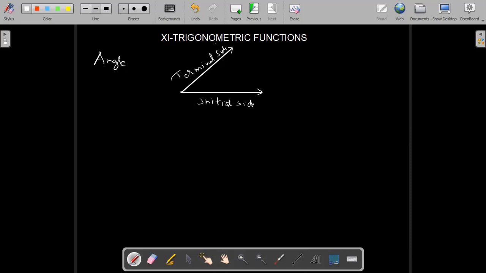So this is the angle, that much it has moved from the initial side. This is the definition. O is the vertex, this is the initial side, this is the terminal side.